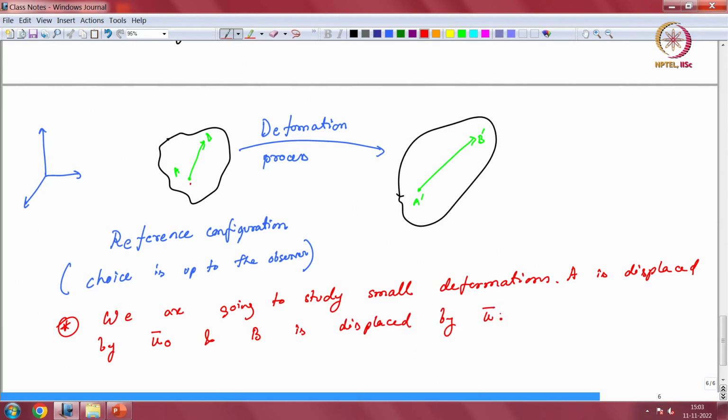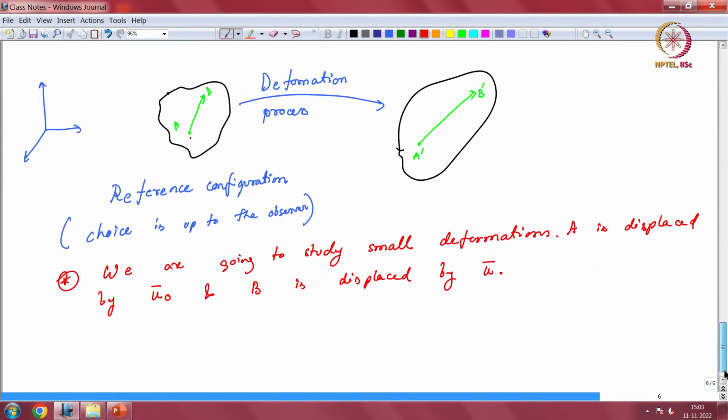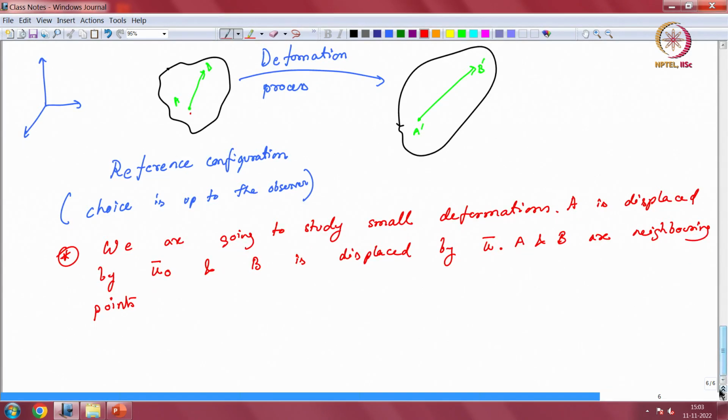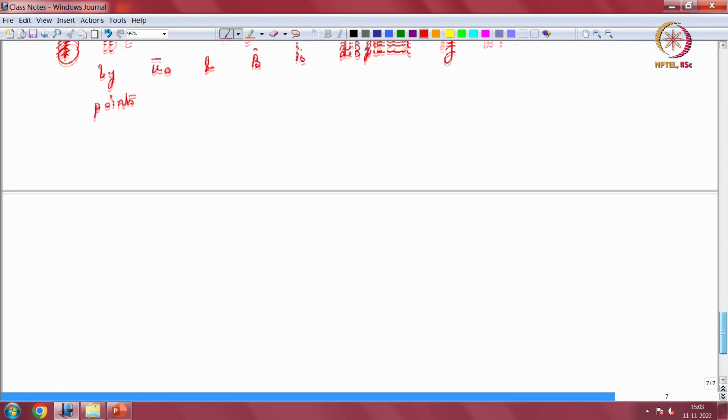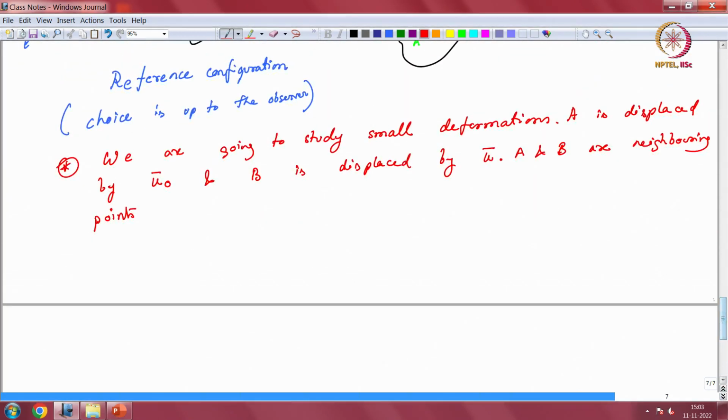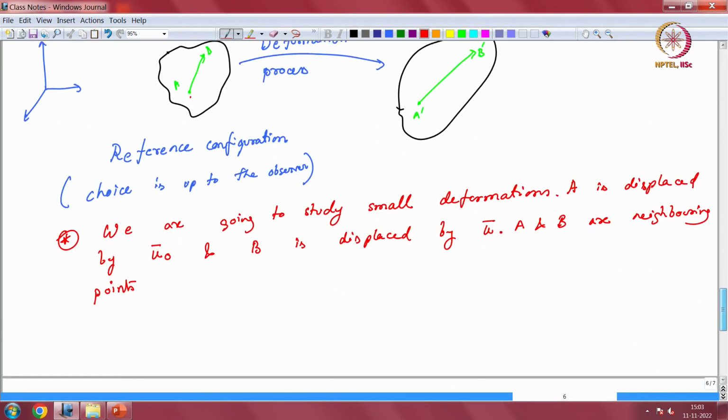And while I have drawn A and B here deliberately in an exaggerated form, actually A and B are neighboring points. The reason they are neighboring points is because I want to apply my tools of calculus, which we are all very familiar with and good at, and we will use that to understand the deformation.